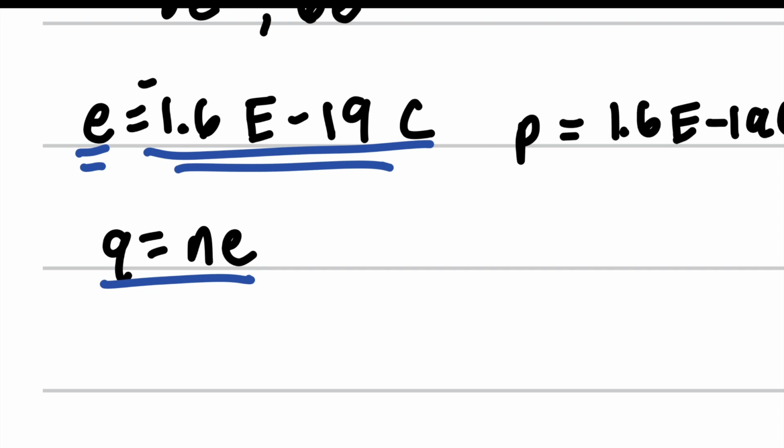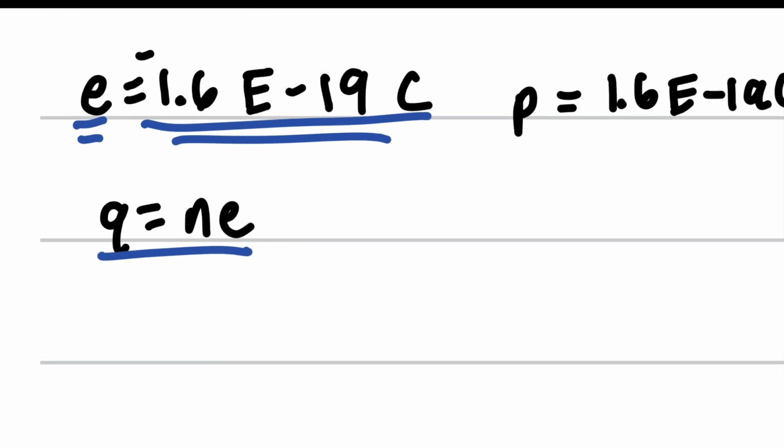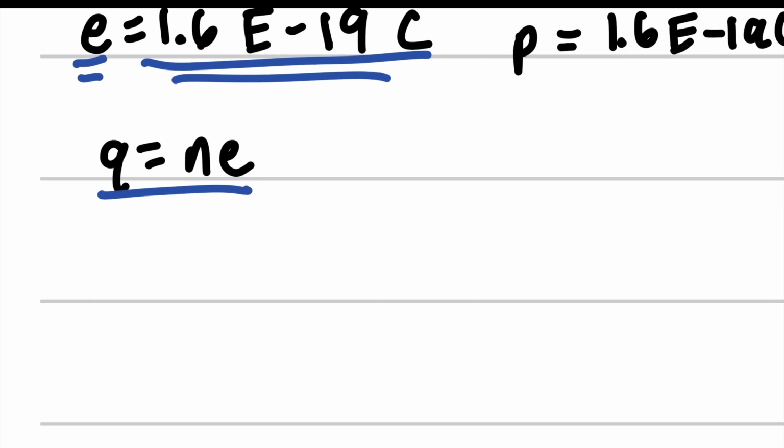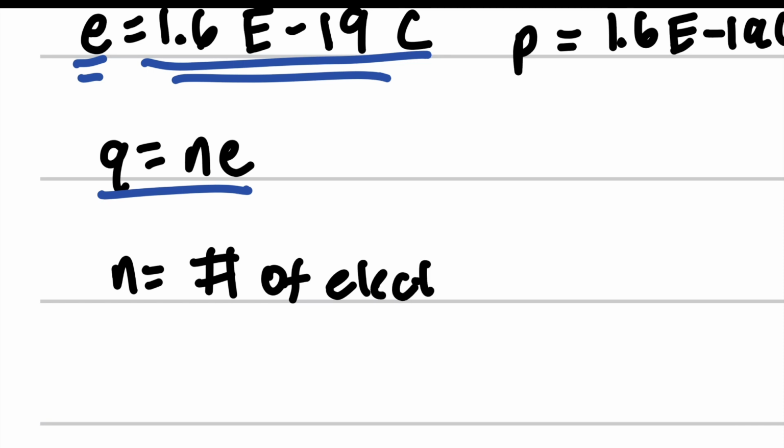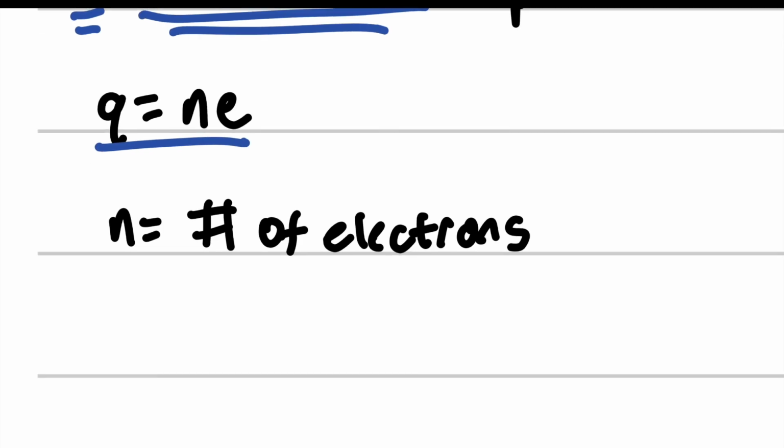This equation shows that you can only have one electron, right? An electron can't be broken up anymore. It's a fundamental particle. So this n right here is the number of electrons, and e is obviously the elementary charge.